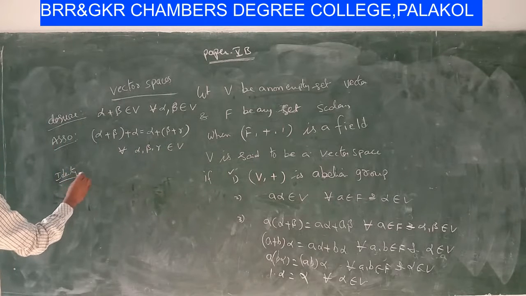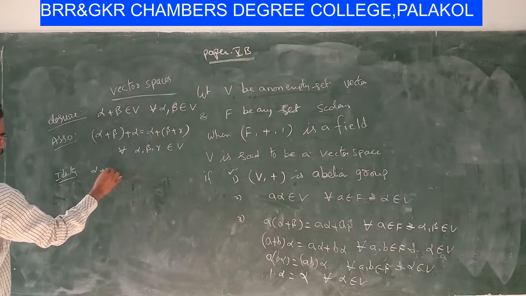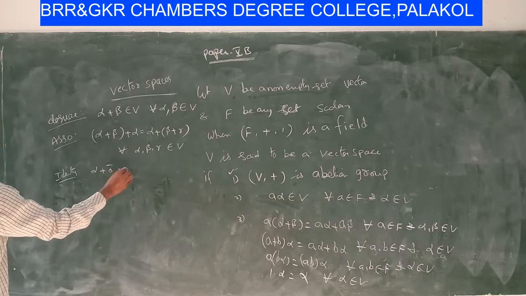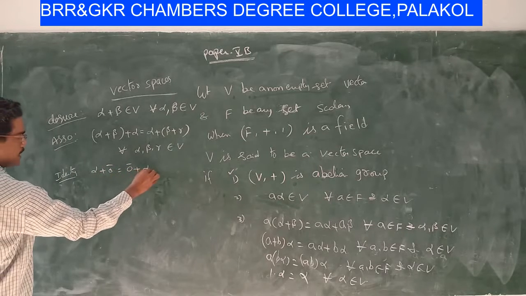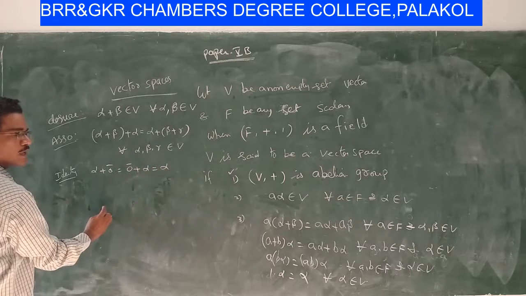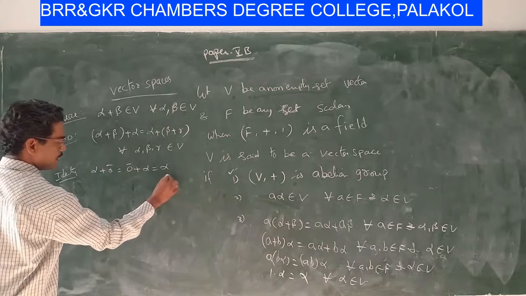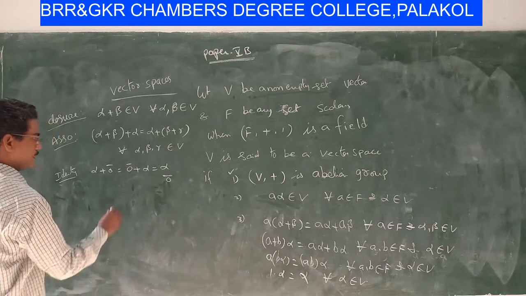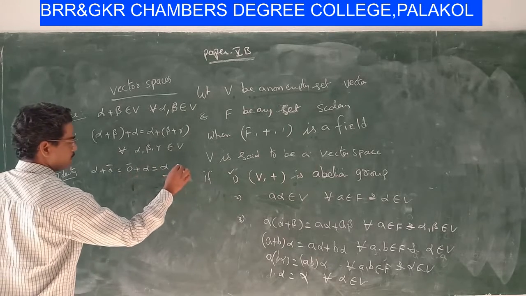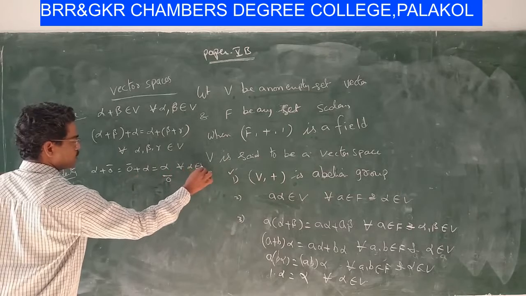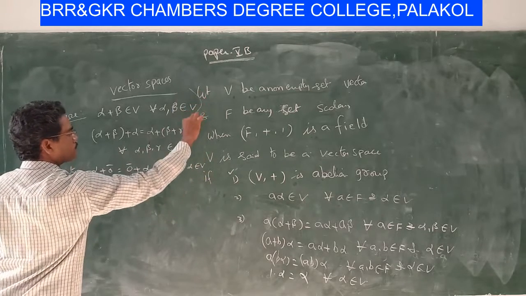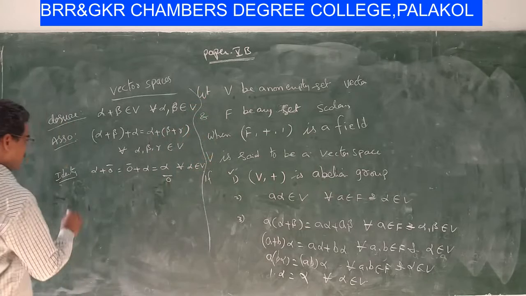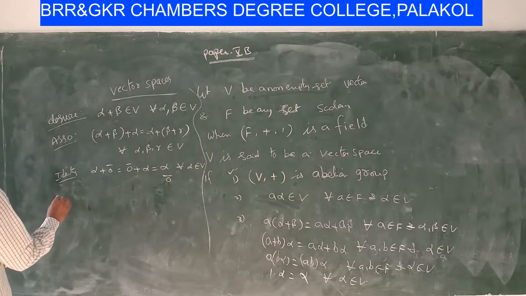Identity means alpha plus 0 bar equal to 0 bar plus alpha equal to alpha, for all alpha belongs to V. Here 0 bar is the null vector. Next, inverse.